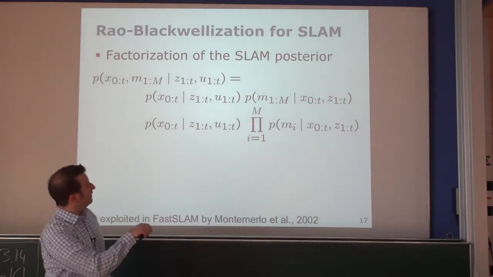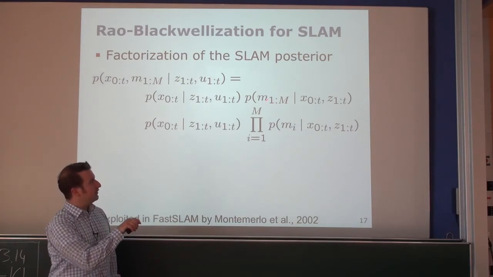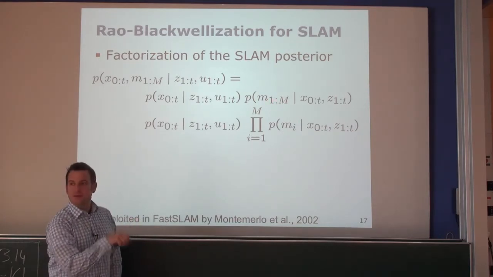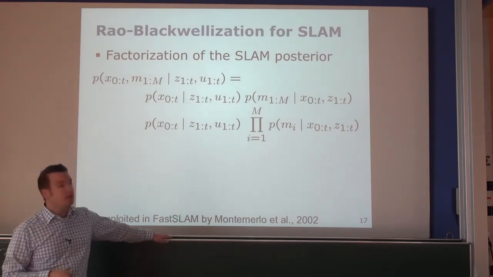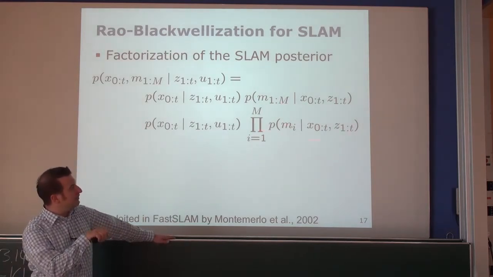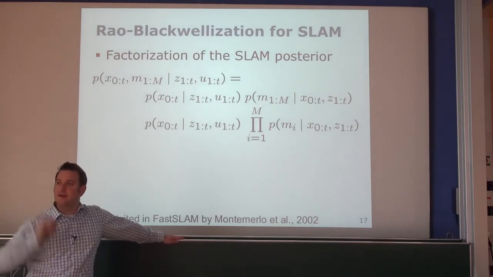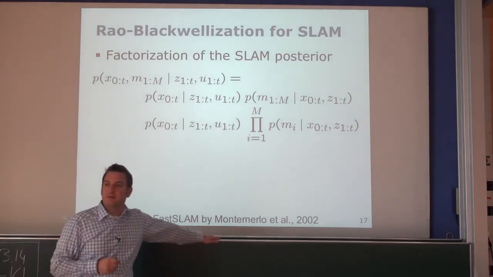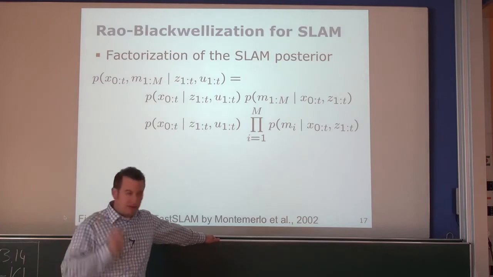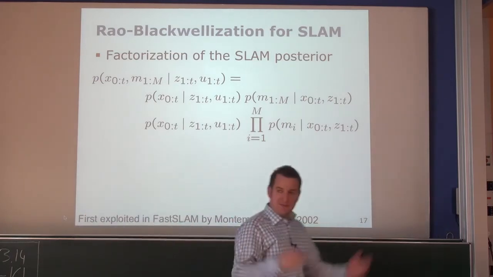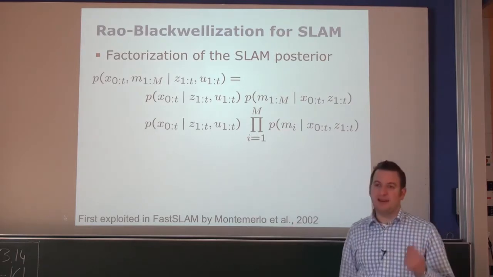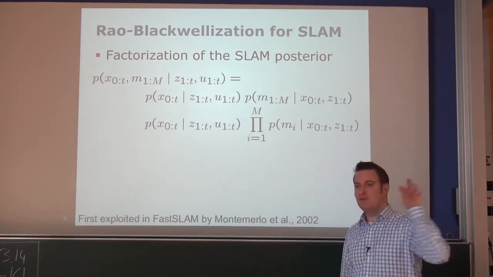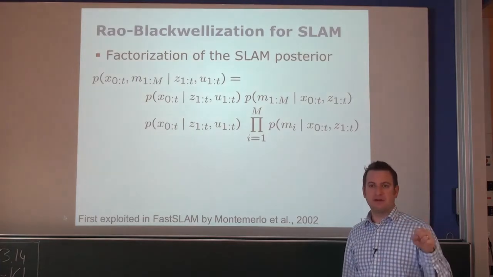In which way is this a dramatic simplification to go from here to here? Why is it substantially easier to do it this way compared to that way? Yeah. We can compute each landmark separately. Exactly. And if you think about EKF, for example, to compute the location of a landmark, this means we have to maintain m tiny, small 2 by 2 Kalman filters for every landmark individually.